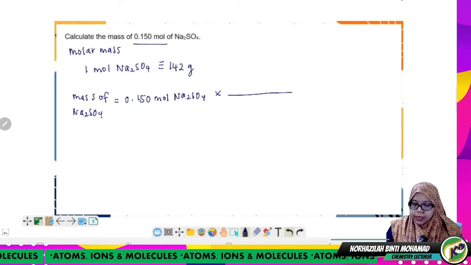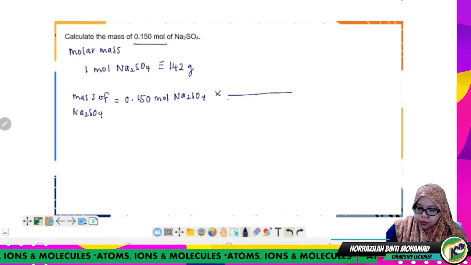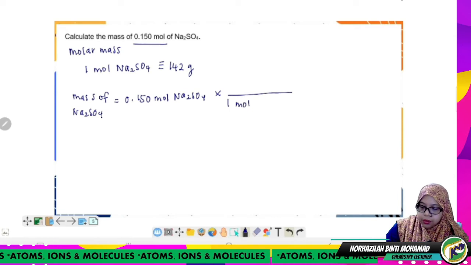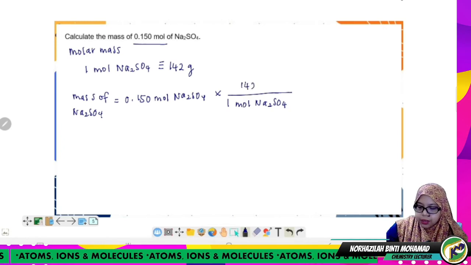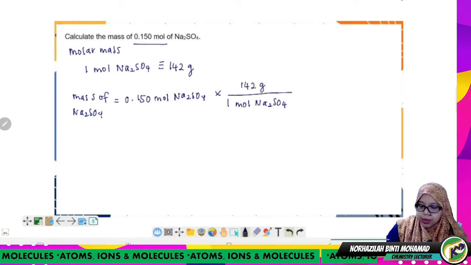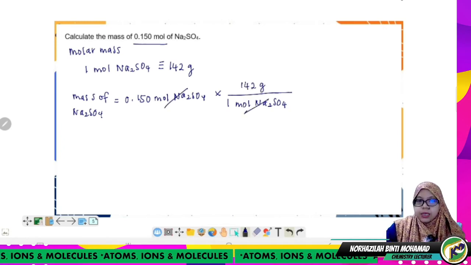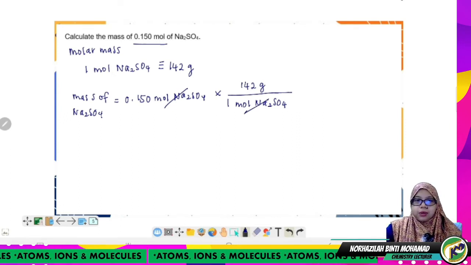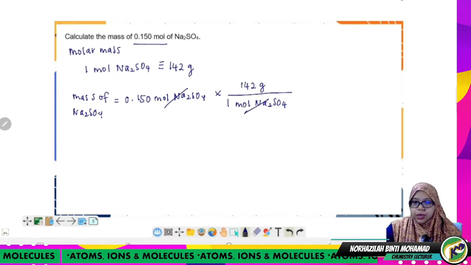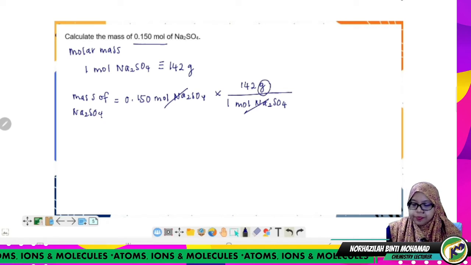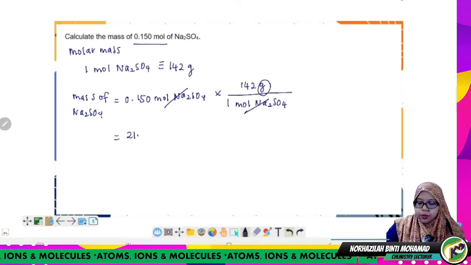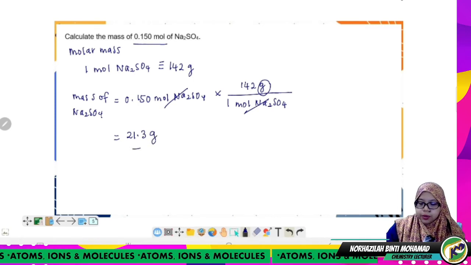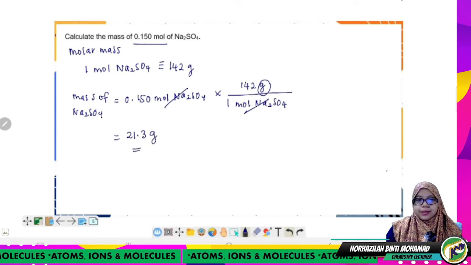So we want to cancel unit of mole, so 1 mole is written at the bottom and 142. So we can cancel mole sodium sulfate. So leave us the unit of gram. Okay, so the answer is 21.3 grams. So this is your answer.